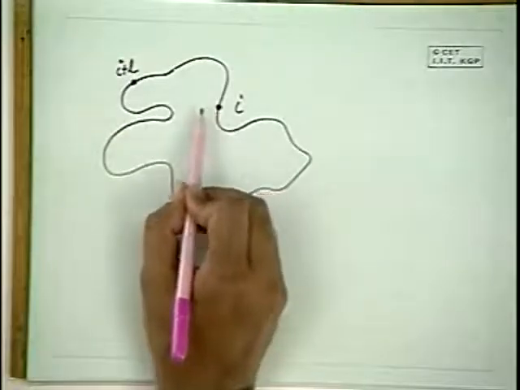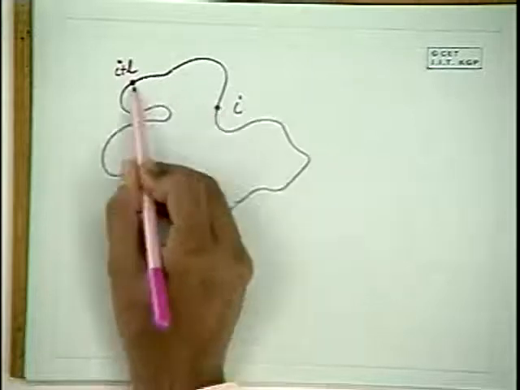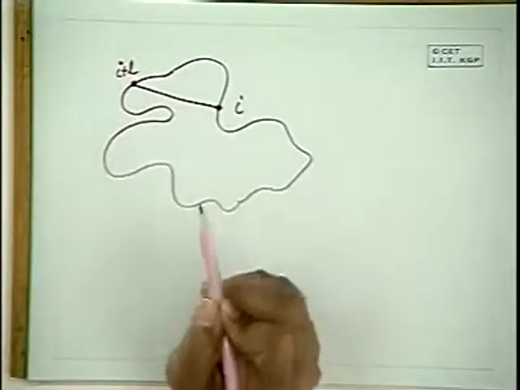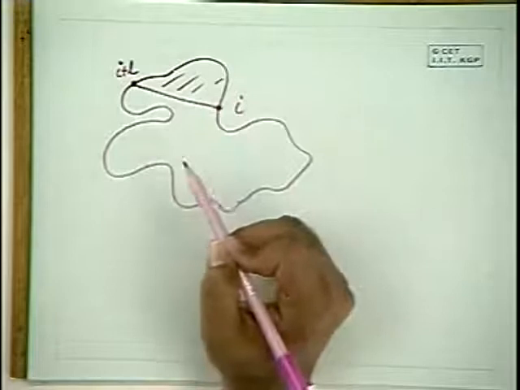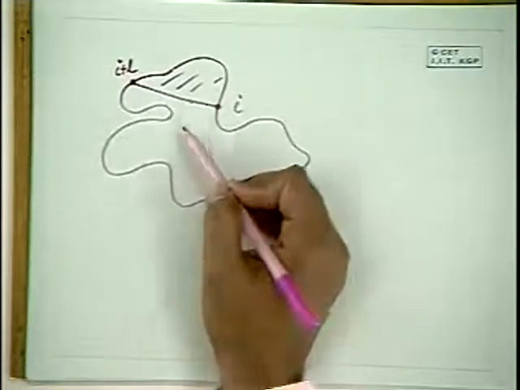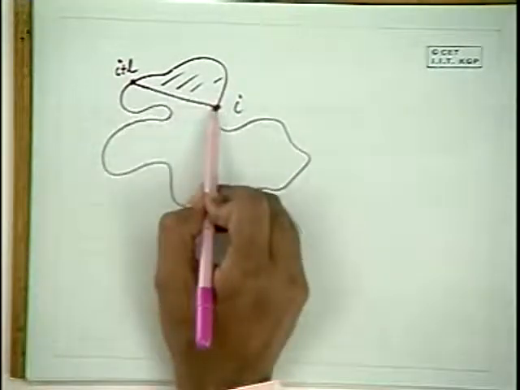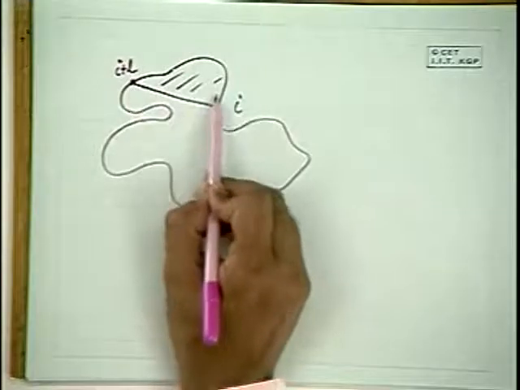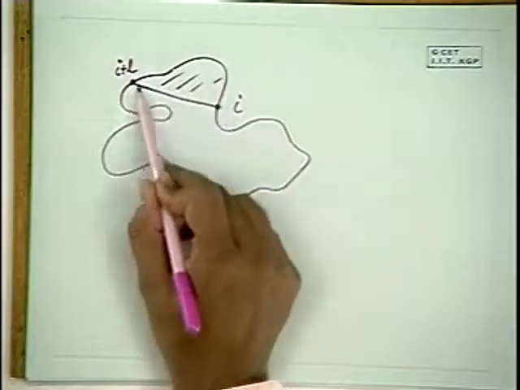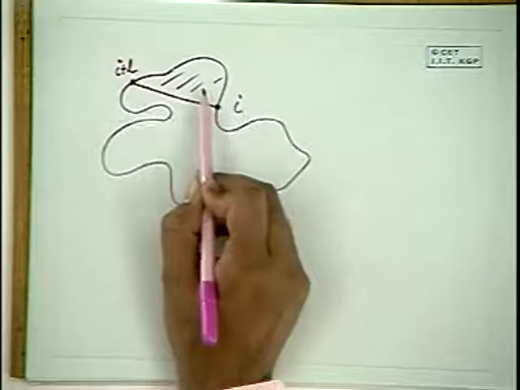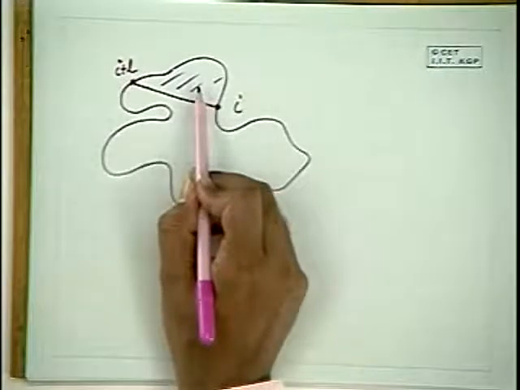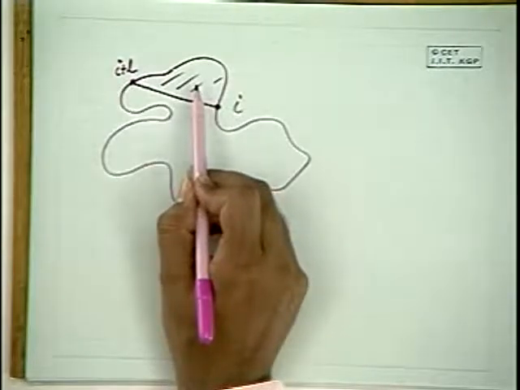Suppose instead of concentrating on triangulating this entire polygon in an optimized version, we concentrate only on triangulating the portion between I and I plus L. Whatever polygon part is lying between these 2 indices, that subpolygon, we want to triangulate in an optimized fashion.